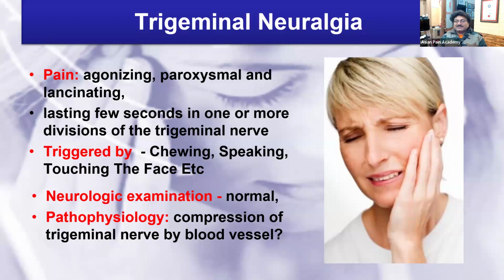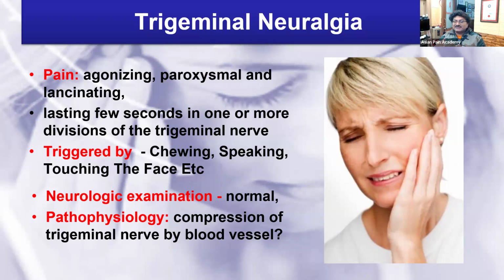Now, when there is a demyelination in one or more branches of the trigeminal nerve, which could be idiopathic or secondary to different disorders, like an aberrant vessel close to the trigeminal root entry zone or the trigeminal nerve, or secondary to some lesion, for example a CP angle tumor, or multiple sclerosis, then it is known as a secondary trigeminal neuralgia.